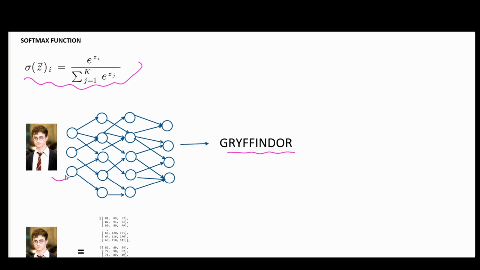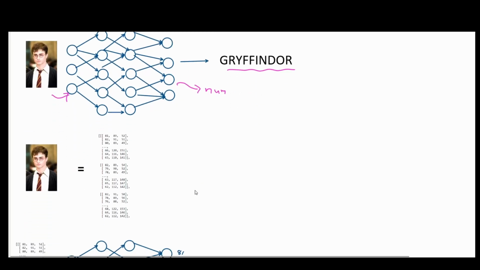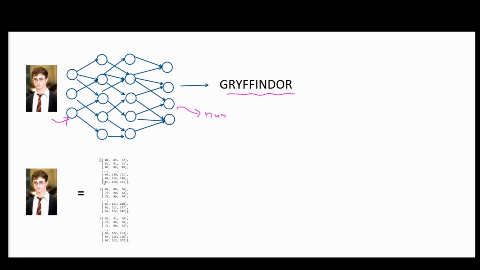The input to a neural network is going to be a number and the output is again going to be a number, right? So what happens is we'll be converting the image to an array. The image that you see here will get converted to something like this. I mean, not exactly this, but something very similar. And this is the input that goes to the neural network, right?